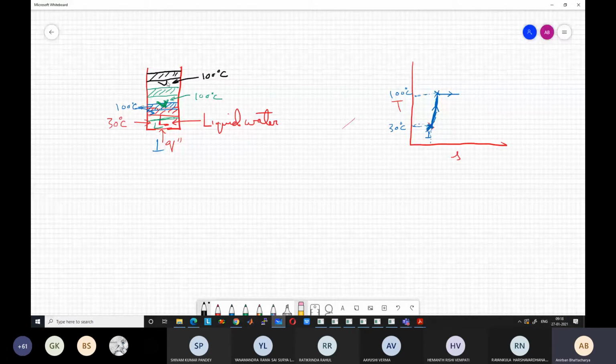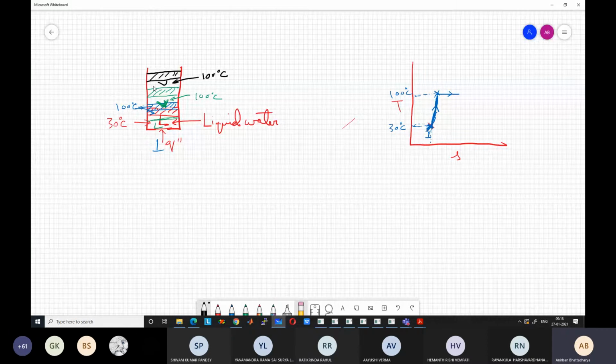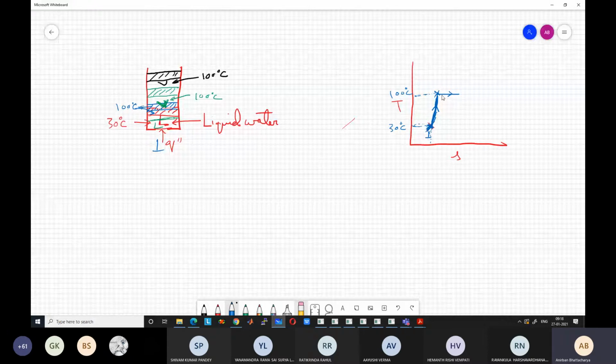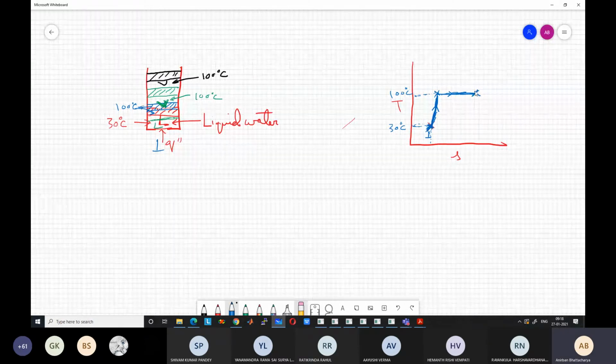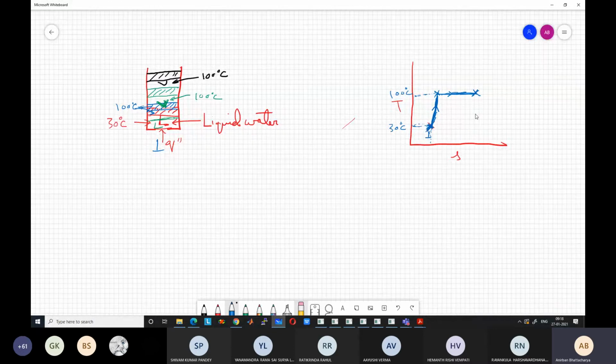The entire domain is now vapor. We have reached a point like this, which is still at 100 degrees centigrade and at the same 1 atmospheric pressure, but the entropy has increased significantly because of the heating, and the liquid has got converted to vapor.